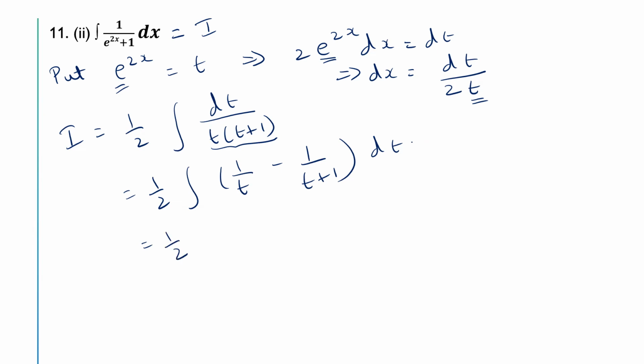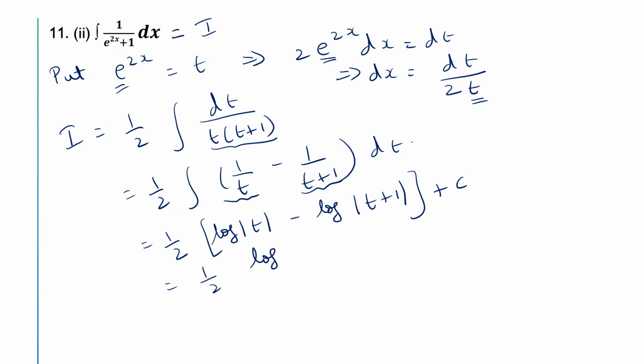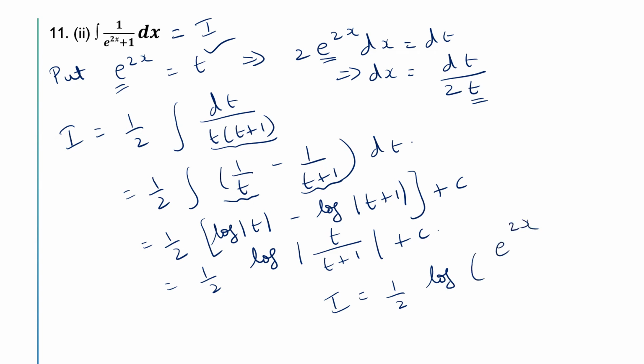So this is equal to half integral dt by t is log mod t minus integral dt by t plus 1 is log mod t plus 1 plus c. So this is equal to half log mod t upon t plus 1 plus c. Now we can substitute t as e raised to 2x. So the given integral becomes I is equal to half log of e raised to 2x upon e raised to 2x plus 1 plus c.